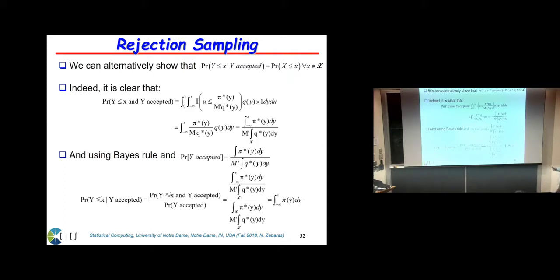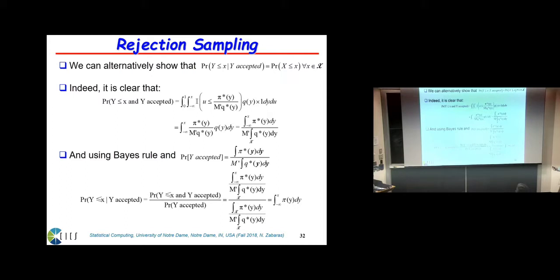So what I'm going to prove is that given that y is accepted, the probability of y being less or equal to little x is actually the probability of capital X being less or equal to little x. So this is the CDF corresponding to pi, right? So we want to prove that if we accept y, then this probability is actually equal to this.